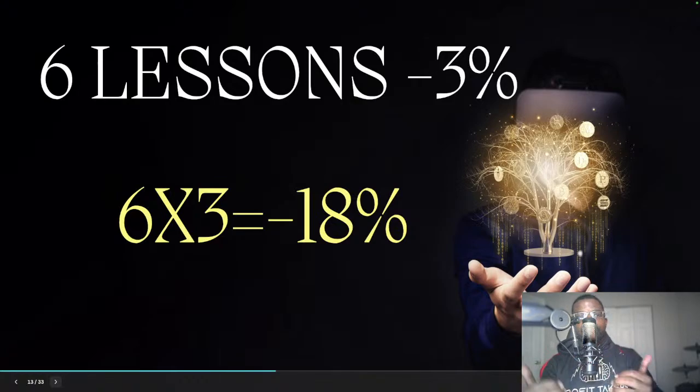Once you self-reflect and understand that loss, it's no longer a loss, it's a lesson, and that's how you continue to grow as a trader. Being able to self-reflect and safely correct yourself without beating yourself up for a perceived mistake. So if you get 6 lessons at 3%, that's only 18% that you lose on your total balance.